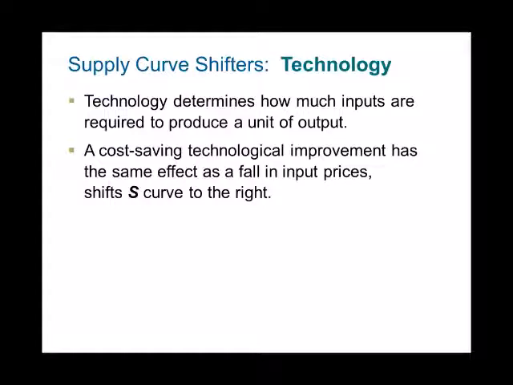So now it's much cheaper and quicker. That improvement may have the same effect as a fall in input prices, and that could shift the supply curve to the right. If there's a technological improvement that actually increases costs, and there could be some instances of that, then that could cause the supply curve to shift to the left.